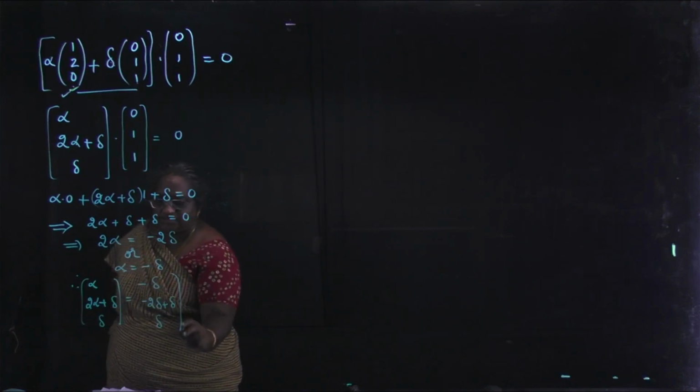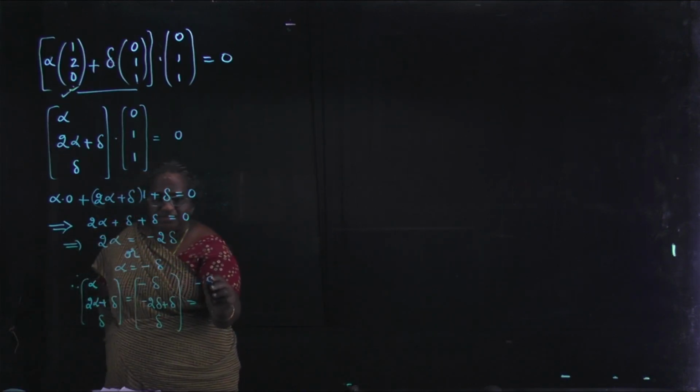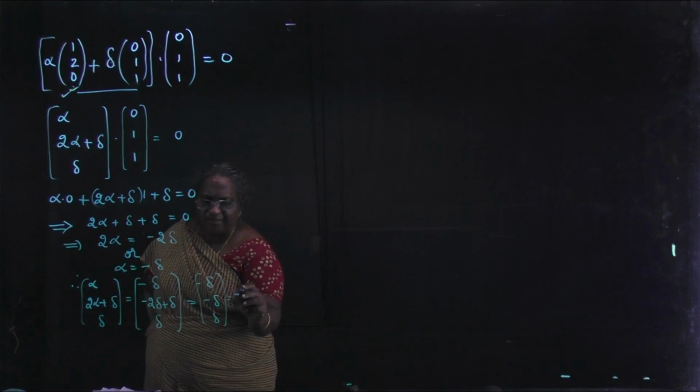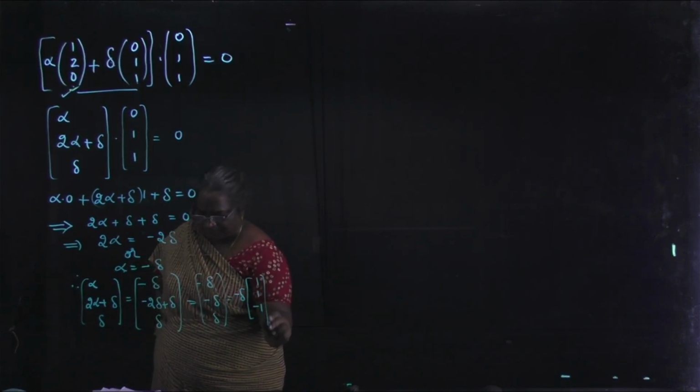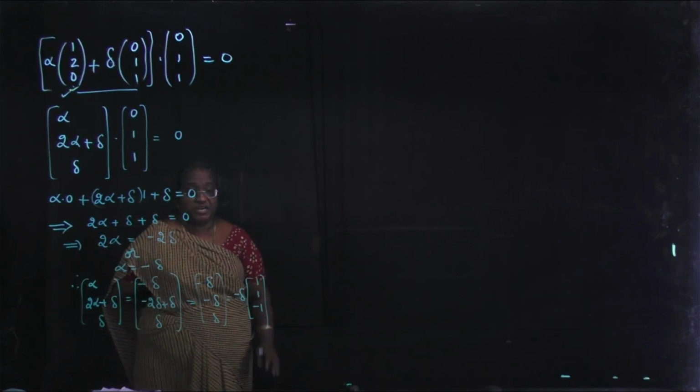If I take delta as common, this is minus delta and delta. So if I take minus delta as common, I will get 1, 1, minus 1. That is the vector which I am going to use as the replacement.